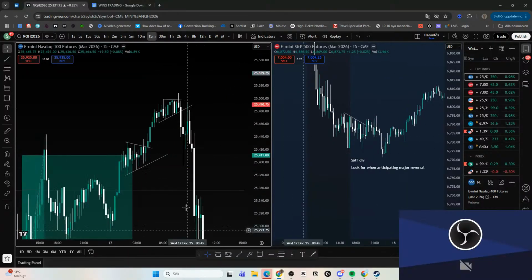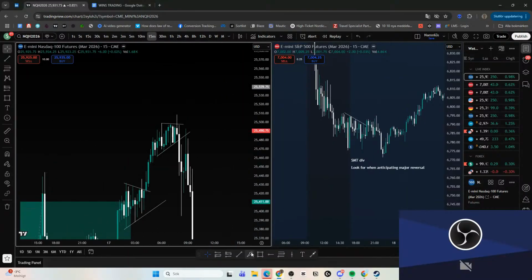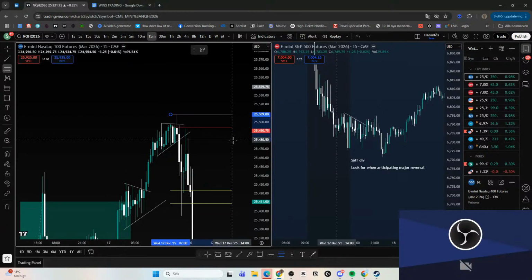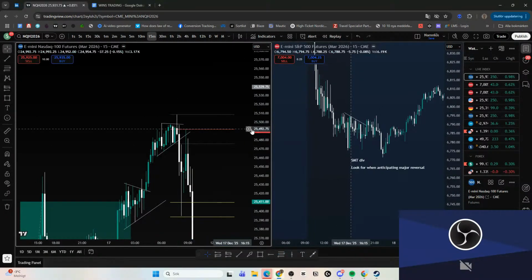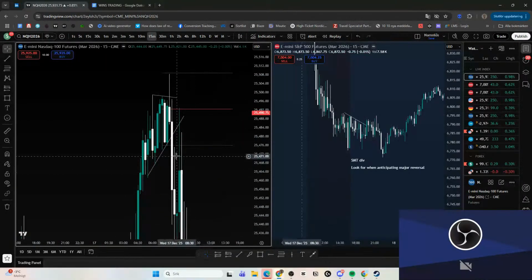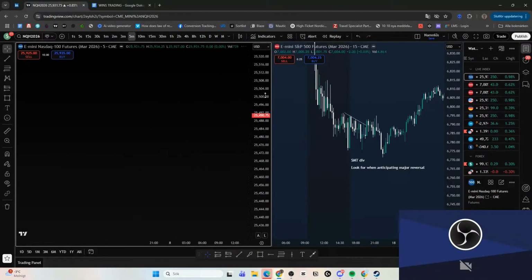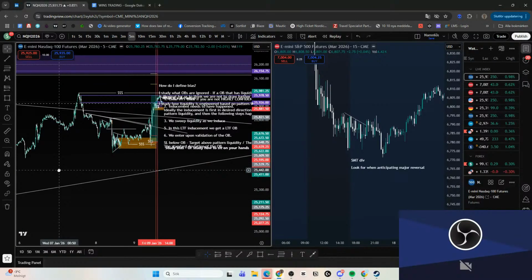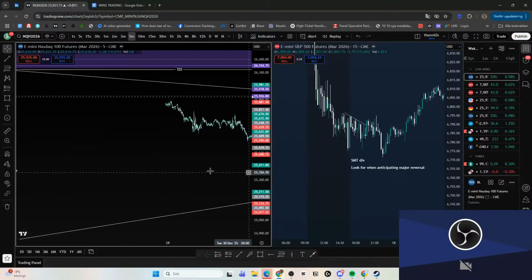Now the question is, how strict are we gonna be? What counts? So I'm pretty confident in the strategy. But do we take simply the tap below the trend line on the 5 minute? Let me see.